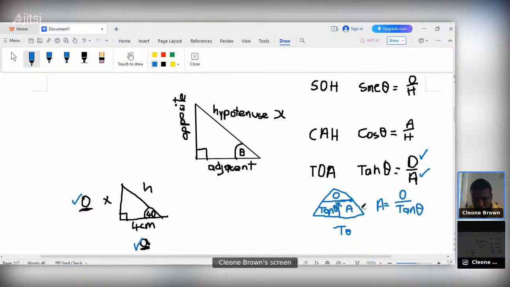When these two sides are facing each other, we put a little multiplication sign in between to show that we multiply. So the opposite is what we're trying to find, so we cover that part, and we're left with tan theta multiplied by the adjacent. So this is the equation that we need.